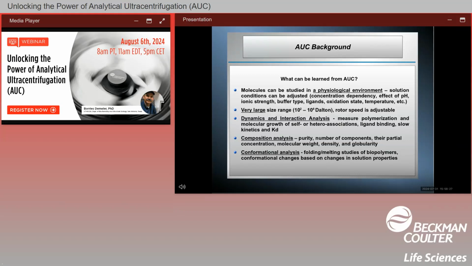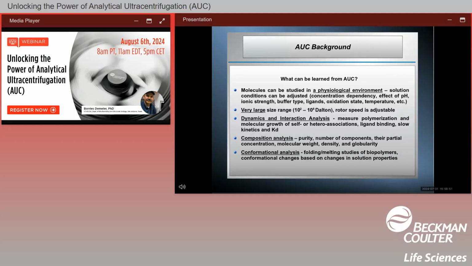Other molecules that may act as ligands can be added. The oxidation state can be adjusted by adding a reductant to your samples. You can modulate the temperature. And of course, you can modulate the concentration of the analyte that you're studying. So you can make the solution as physiological as you want.